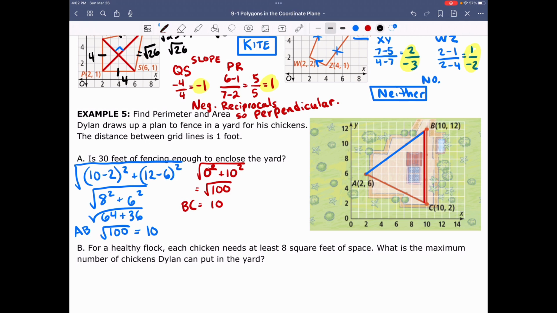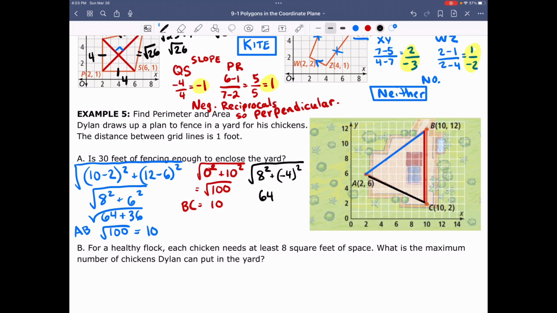And now we have to figure out from C to A. So the x's are 10 minus 2, which is 8 squared. And 2 minus 6 is negative 4 squared. And we have to take the square root. 8 squared, 64.